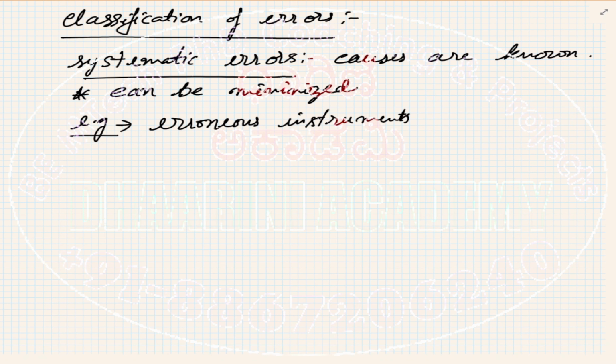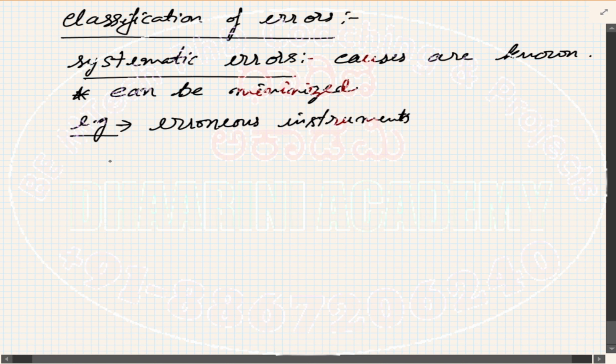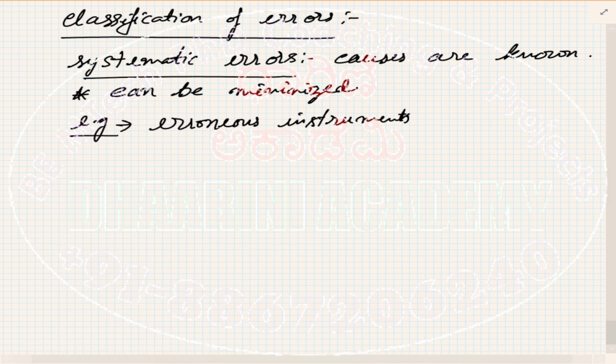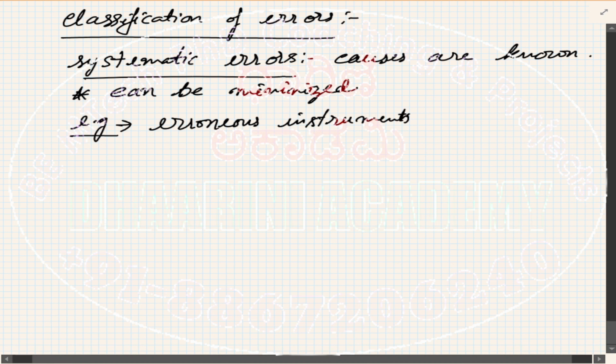Systematic error may also occur if you neglect some data when you do a calculation. So certain facts are neglected. Say, when we measure the period of a pendulum, air resistance might be neglected initially.